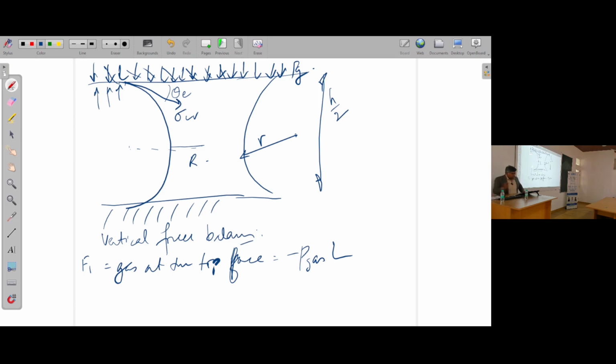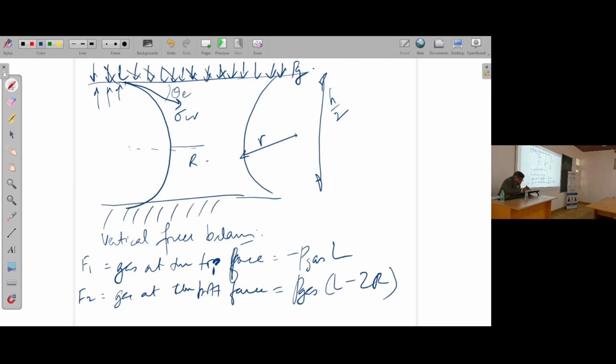Gas at the bottom face, that is F2, is going to be the gas over its length minus the area occupied by the liquid. So this is going to be P gas times L minus 2R.